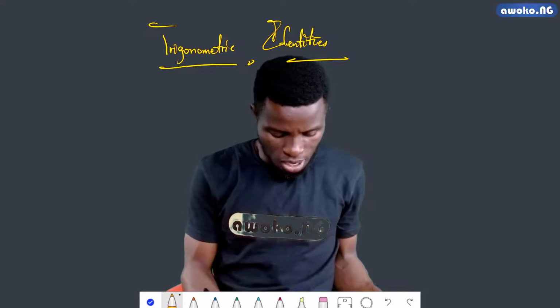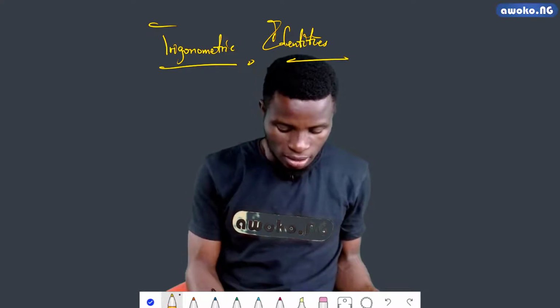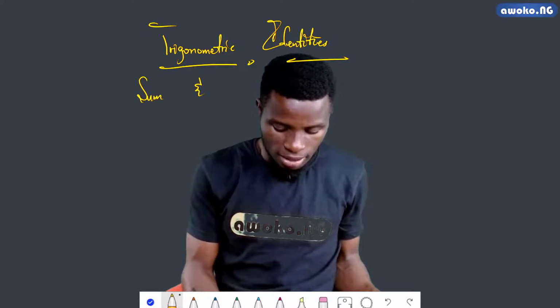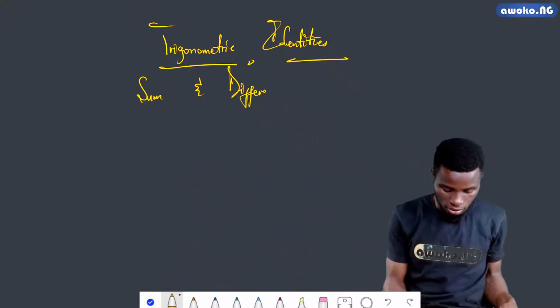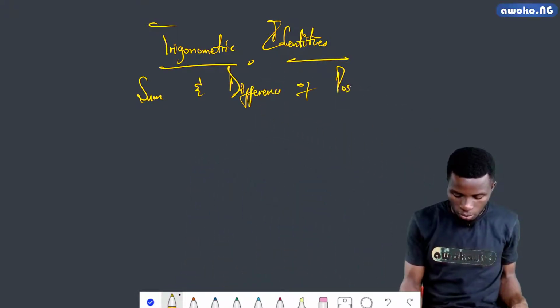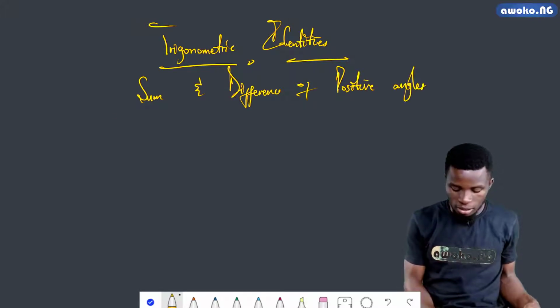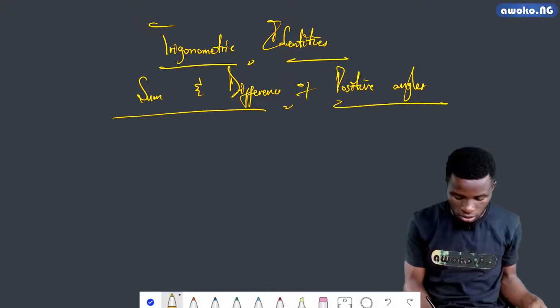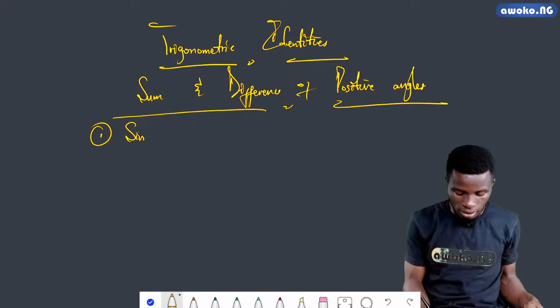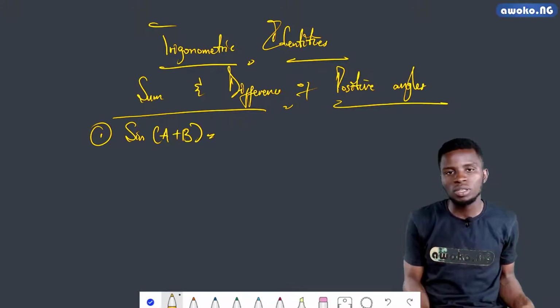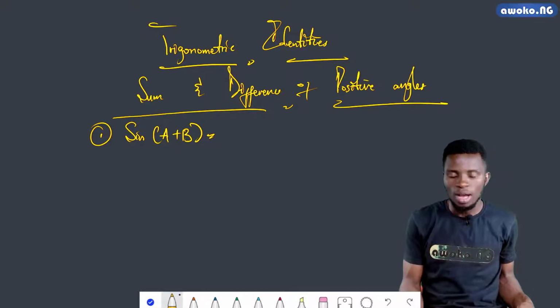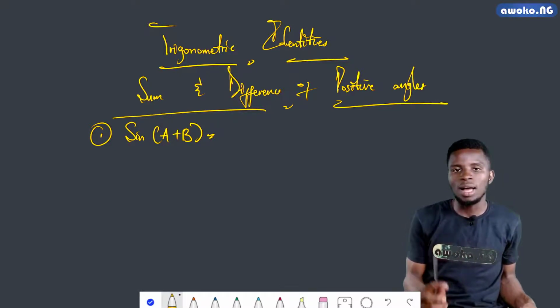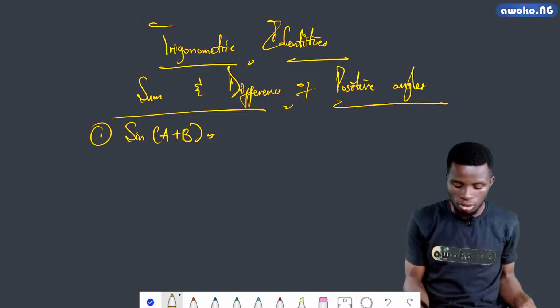So the first one we are going to talk about is the sum and difference of positive angles. And the first one we'll talk about is the sine A plus B. Whenever you're given a trigonometric identity to solve and it includes the addition of two angles, this is how you're going to do it.